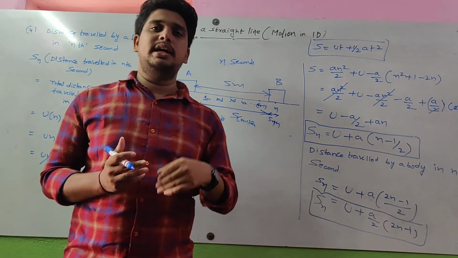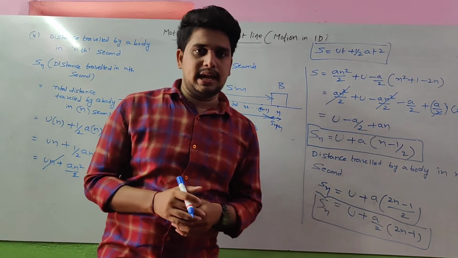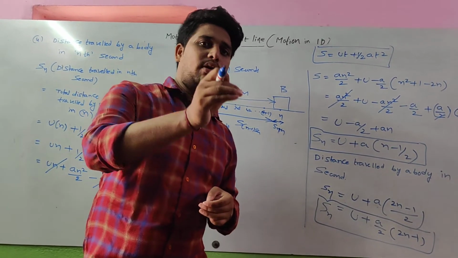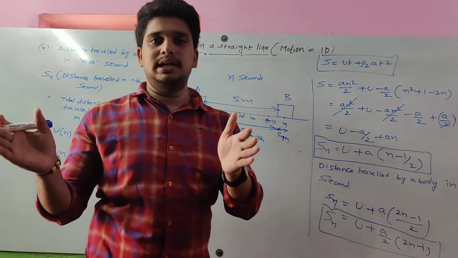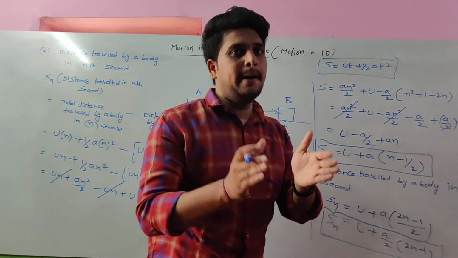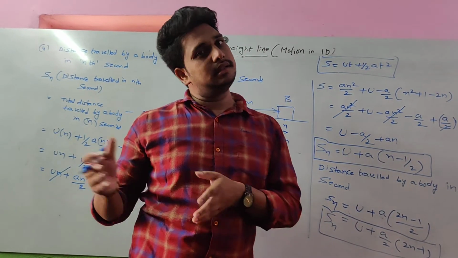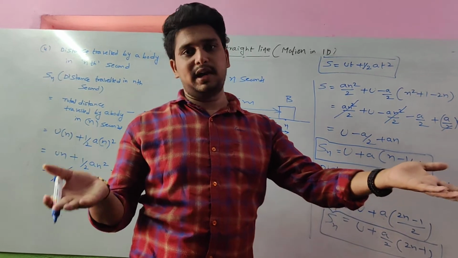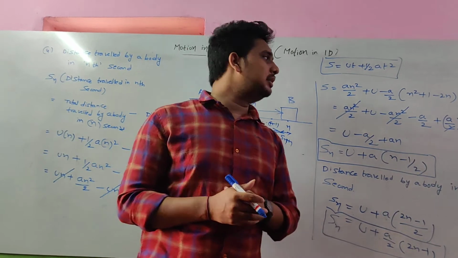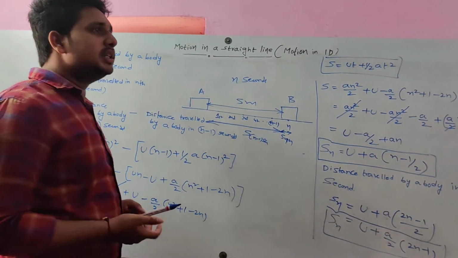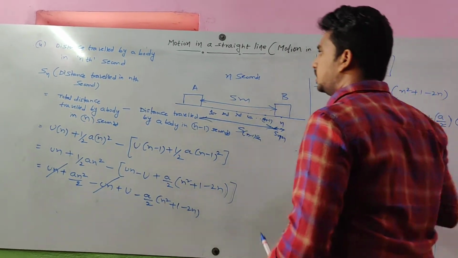Similarly, for the 5th second, find the total distance traveled in 5 seconds minus the total distance traveled in 4 seconds, because 5 minus 1 means 4. So this is a simple thing. If any question is asking like this, apply this formula. I hope you all understood.